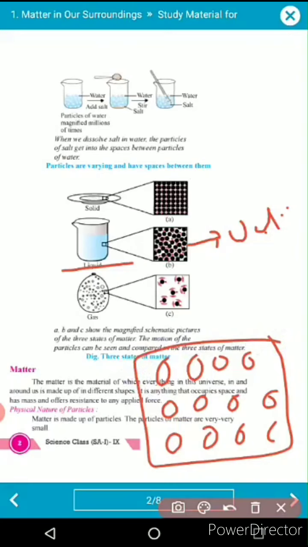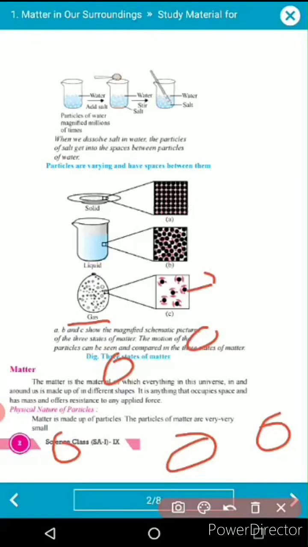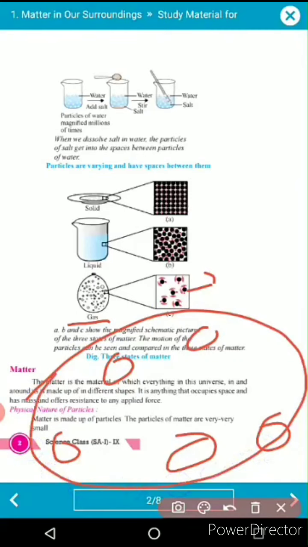And in gases, the particles are arranged very far from each other, randomly, so they do not have a definite shape.